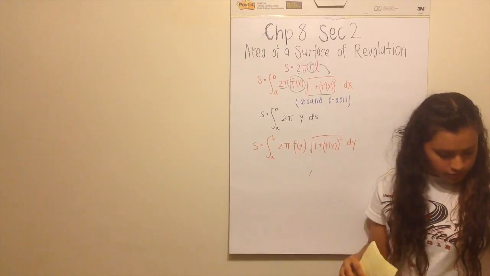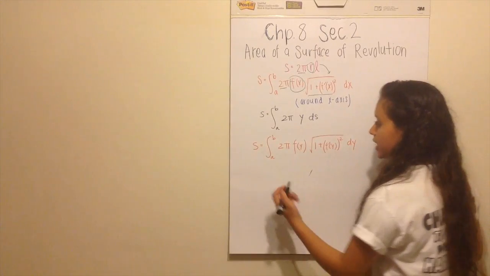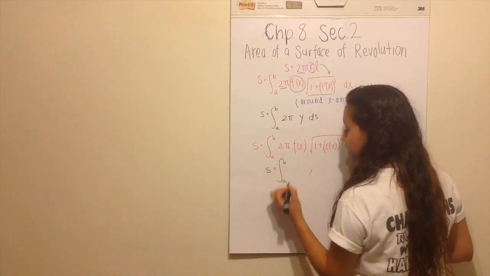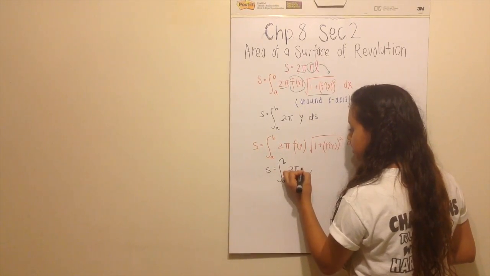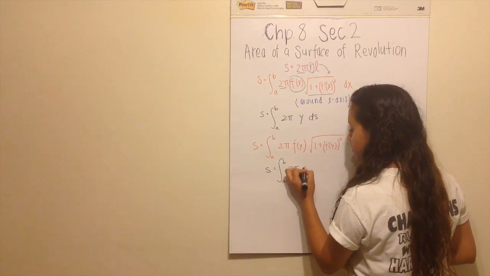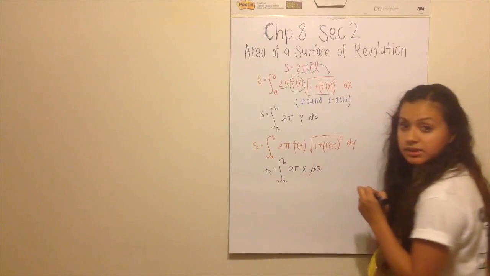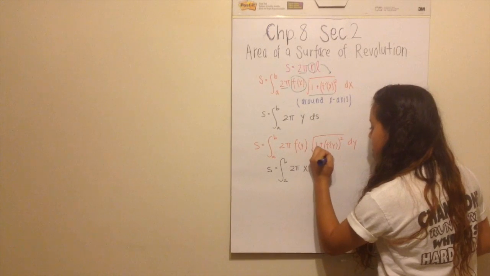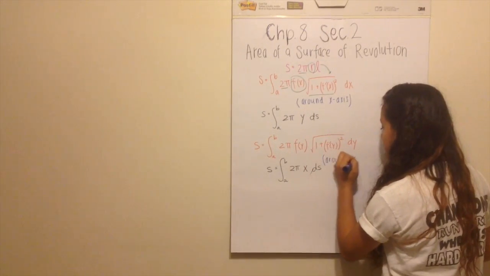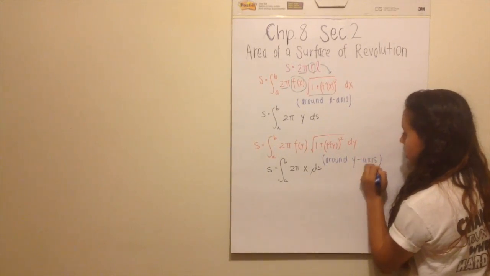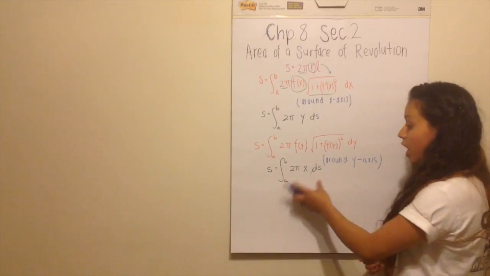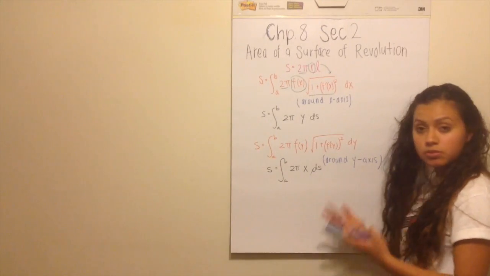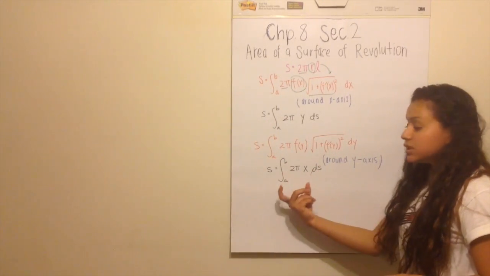So the same thing goes to this one. The alternative formula is s equals the integral from a to b 2 pi times x ds. So as you can see, they will be asking you to revolve it around the y-axis, and if the function is in terms of x, the opposite, and the intervals are in terms of x as well, then you get to use this one.